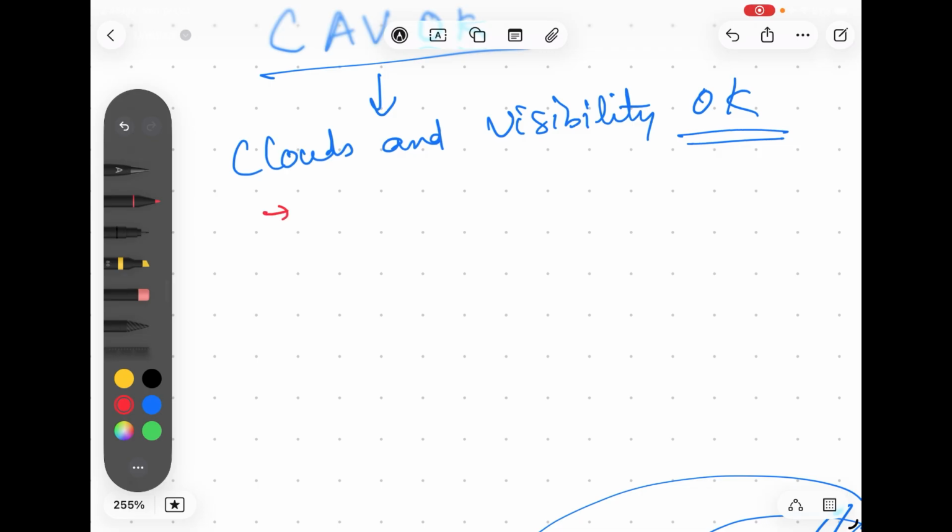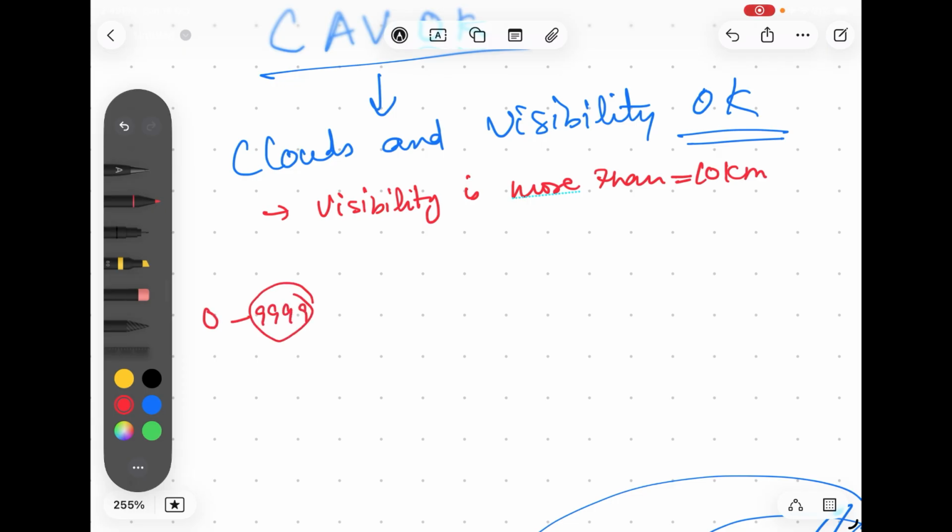For example, one, that the visibility is more than 10 kilometers or equal to. Like I told you, the visibility is mentioned from 0 to 9999 and this is in meters. So if visibility is more than this value, it is always written as CAVOK because this represents a visibility of more than or equal to 10 kilometers.